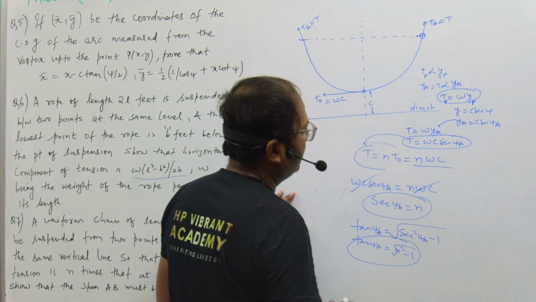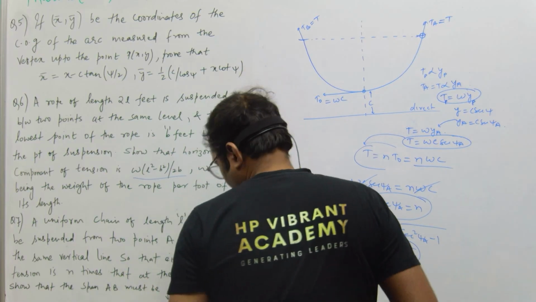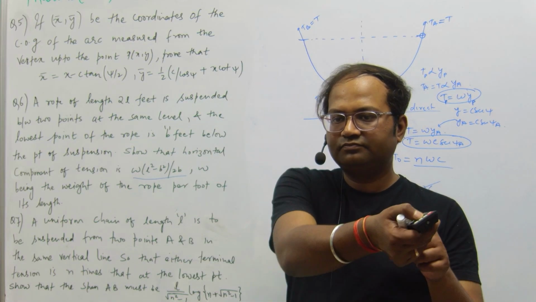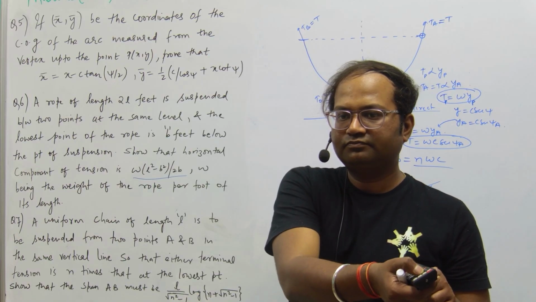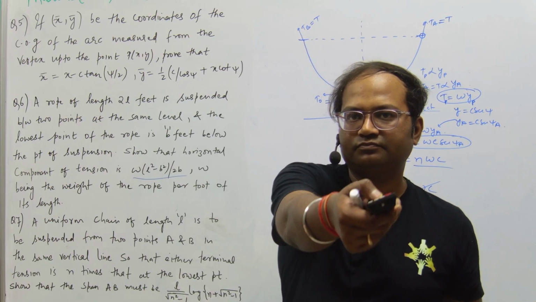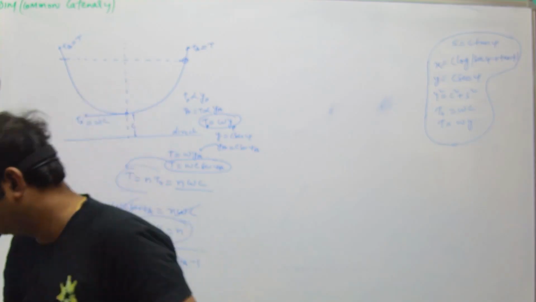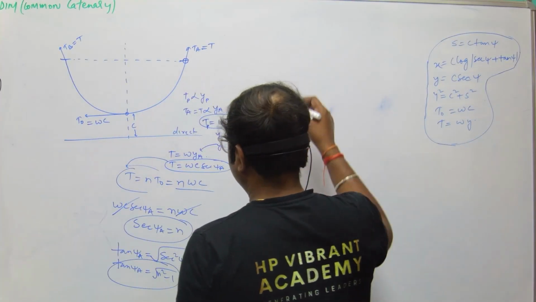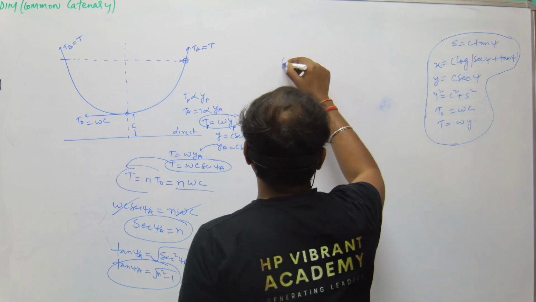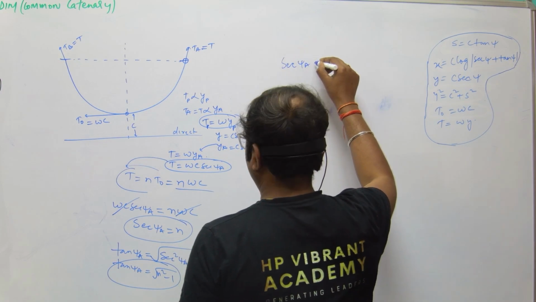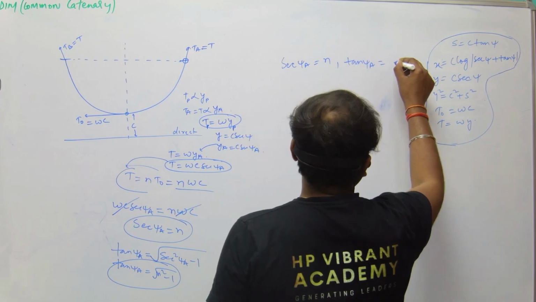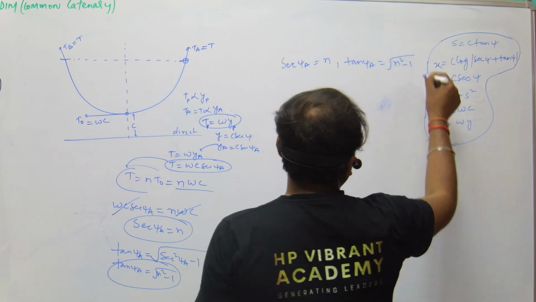So sec psi A is equal to n, and tan psi A is equal to under root n square minus 1.